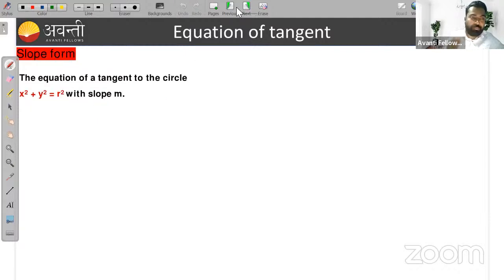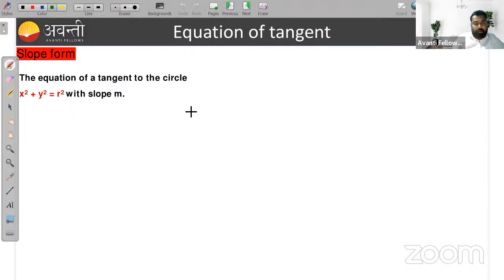Slope form is actually the equation of tangents to the circle x square plus y square is equal to r square with slope m. Simple. Can you find? Yes or no?